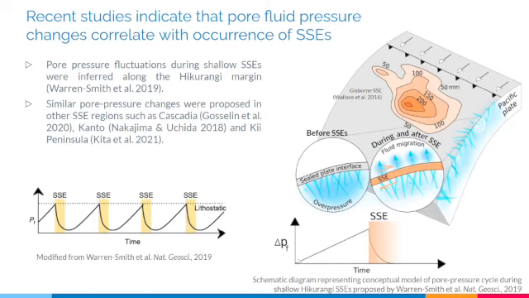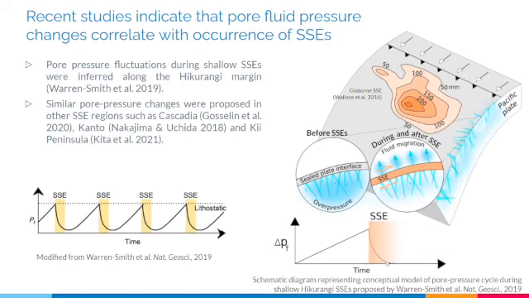Eventually, this overpressure would induce slip on the plate interface, and I show here by these contours an example of a Gisborne SSE. And the slip of this induced event would create open fractures that would allow the fluid migration from the lower plate to the upper plate, and then decrease the pore fluid pressure in the lower plate.